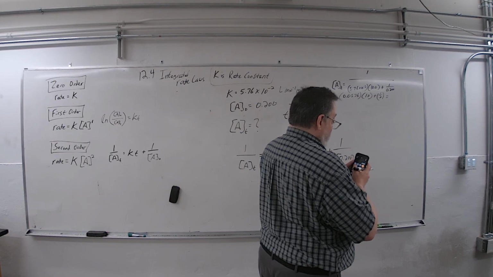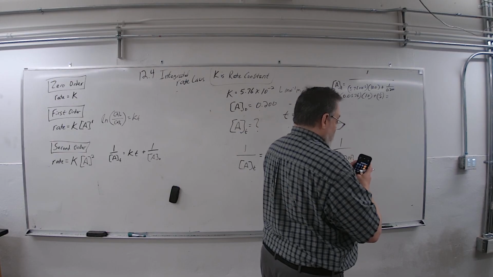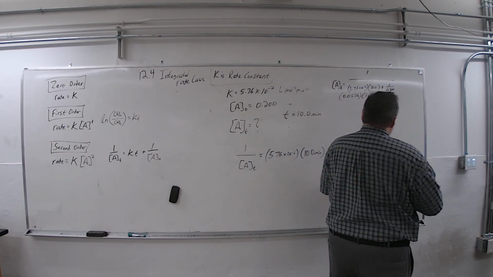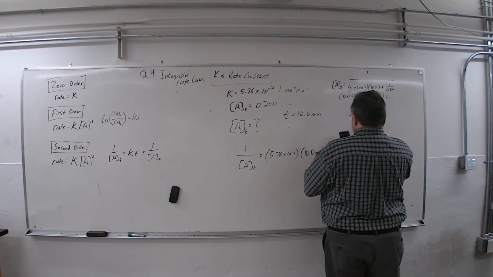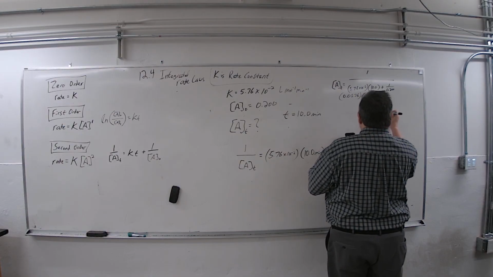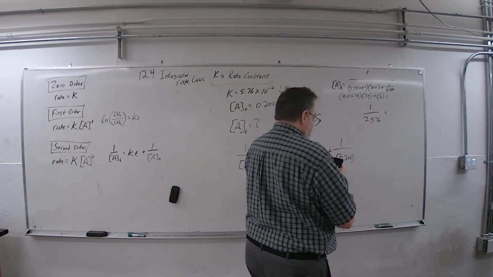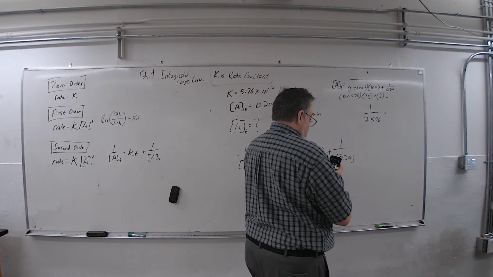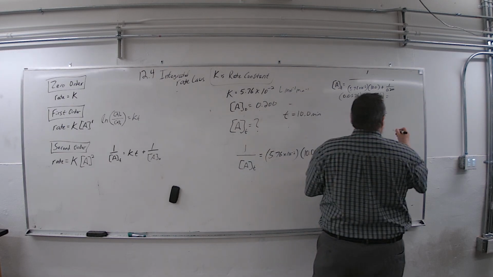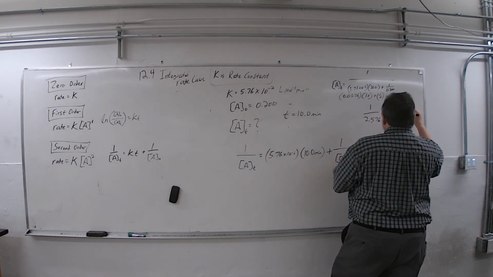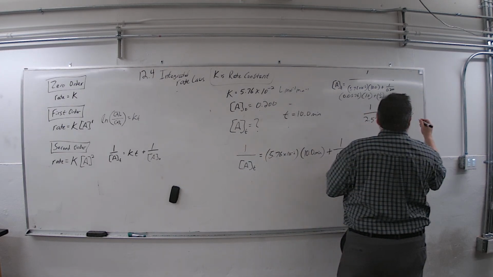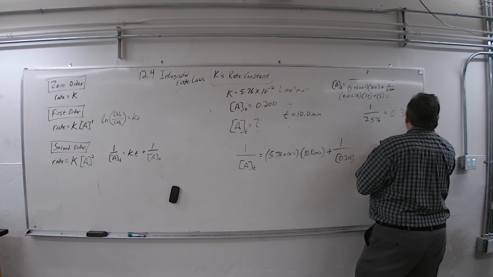Point... 0.0576 times 10 plus 2. And that's going to be it.